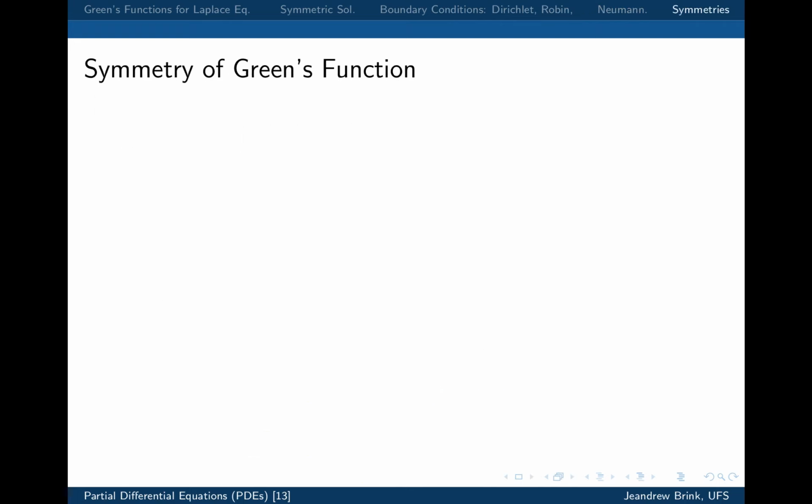Now I want to give you one property of the Green's function, which is the symmetry, and I'm going to derive it, because it's useful not only for using the Green's function, but also when you're deriving one, to check that you've got the right one. The symmetry works as follows. Consider a Green's function, and we're going to evaluate it at two different field points.